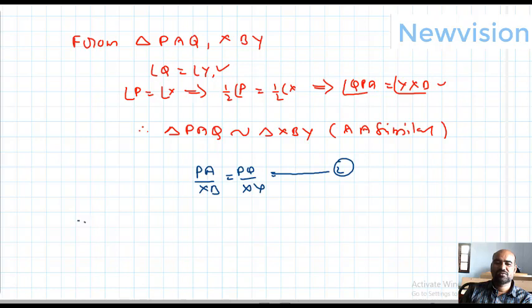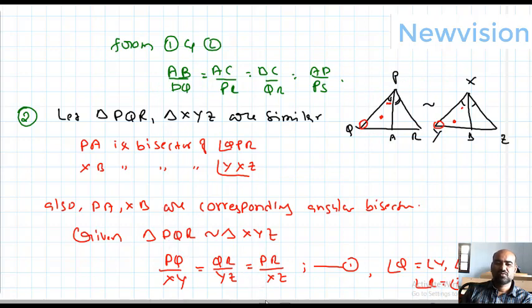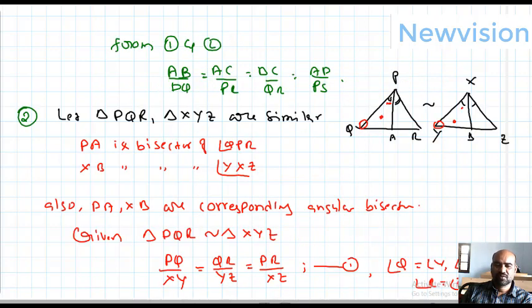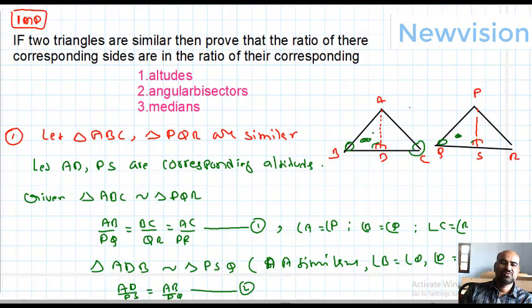So finally from 1 and 2 we can conclude that PQ by XY equal to QR by YZ equal to PR by XZ equal to PA by XB. What is the meaning of that? If two triangles are similar, the corresponding altitudes are in the ratio of corresponding sides. Okay. So these two things I proved now.